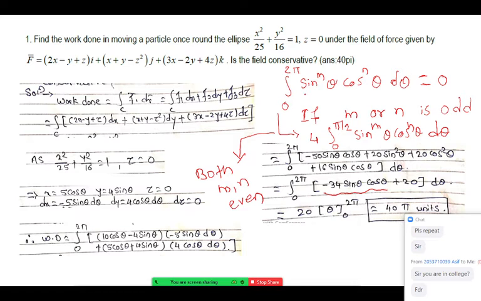But if at least one power is odd, then the integration from 0 to 2 pi is 0. And to integrate 0 to pi by 2 sine raised to m cos raised to n, which formula can you use? Tell me. When it becomes 4 times, which formula can you use? Wallis. Yes, very good. The Wallis formula is the simplest, or you can use the beta function also. You learned that the last time.